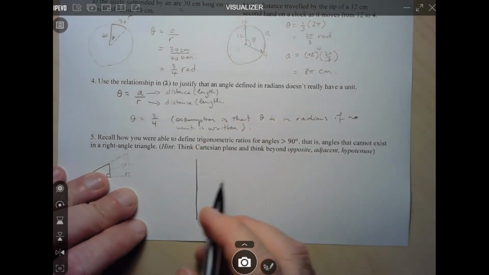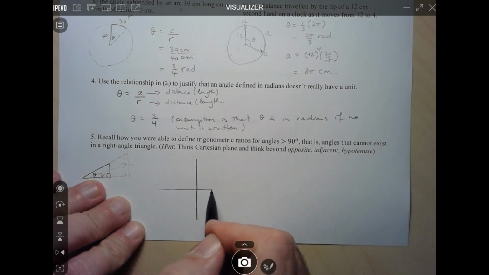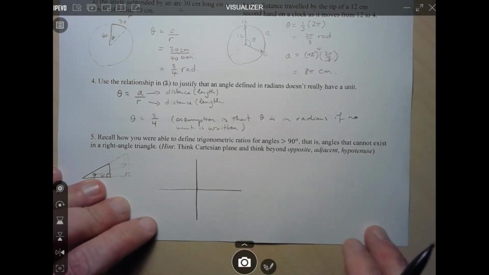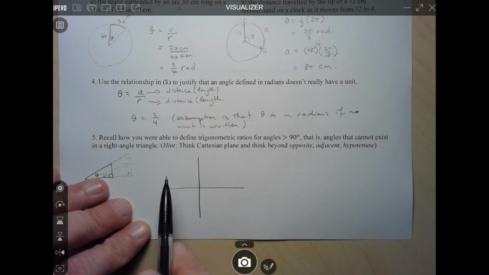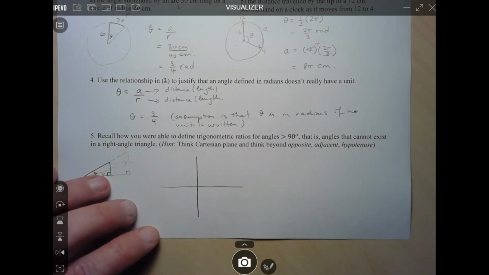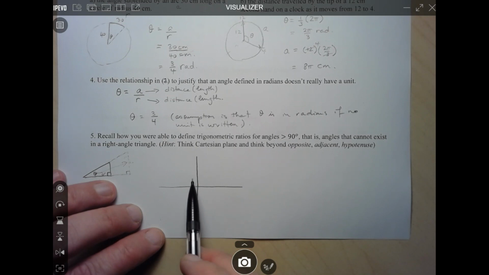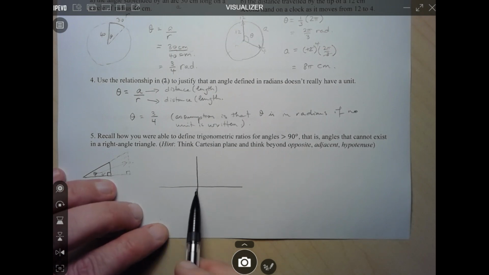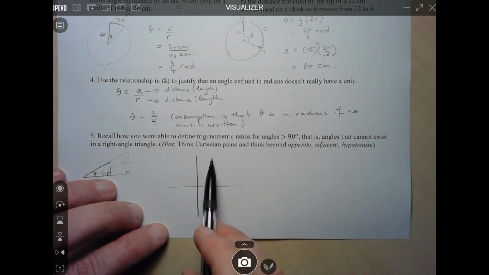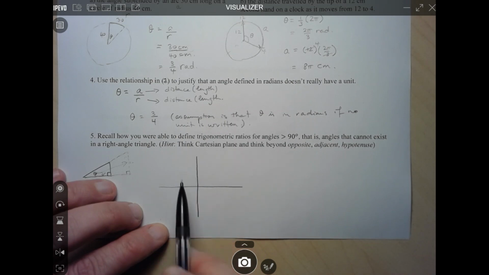Here I gave you this little hint about considering the Cartesian plane. When we're thinking about angles, again, it's this idea of thinking about angles as moving around in a circular motion. As hopefully you remembered, if we want to define an angle in a Cartesian plane, it makes sense to have a starting point where all angles are going to start, so we can more easily compare them. It's hard to compare an angle that starts at the positive x-axis to one that starts two thirds of the way between the positive x and the positive y.